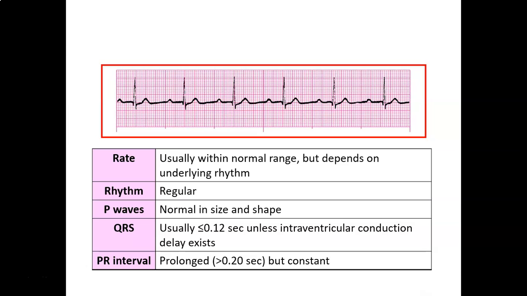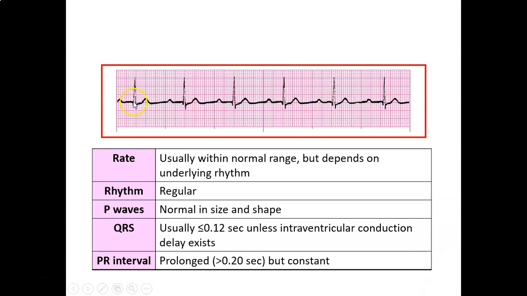Okay, let's apply the 5 steps of rhythm analysis again on this rhythm strip. The rate here looks slow. Rhythm is regular. P waves are seen, and each P wave has its own QRS complex.